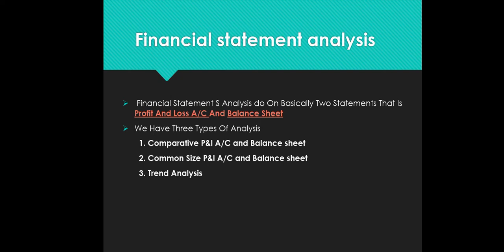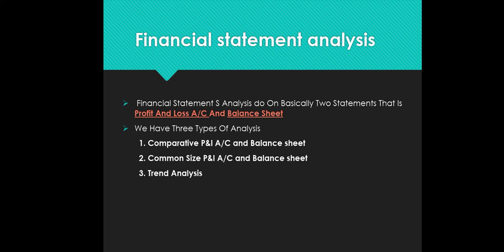Under that, we have the second unit, financial statement analysis. Financial statement analysis is basically done on two statements, that is the profit and loss account and the balance sheet. We have three types of analysis.